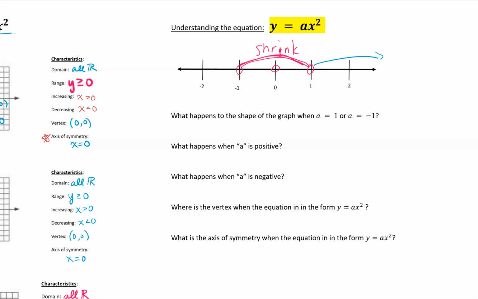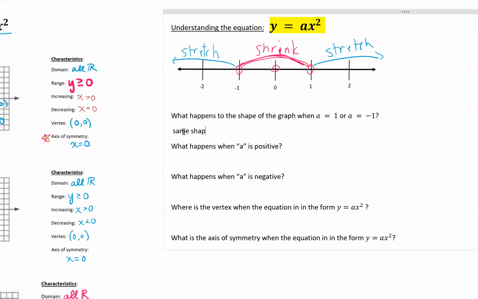It's a stretch if a is greater than 1, and it's a stretch if a is less than -1. But when a is equal to 1 or a is equal to -1, then we know it's going to be the same shape as the parent function. We know that at that point, there is no shrink or stretch.